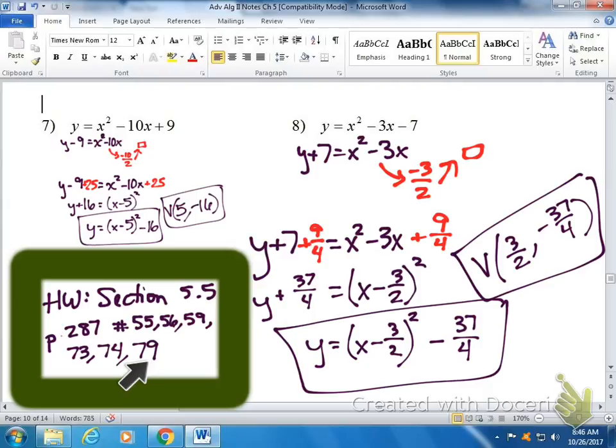And actually, I did not mean 79. I mean 75. So anyway, your homework is going to be 73, 74, 75, basically tonight. So at the end of class on Monday, you should be able to do 55, 56, 59. So if you want to get a head start, that's where we're at, but you won't be able to do all of it. All right, have a good weekend.